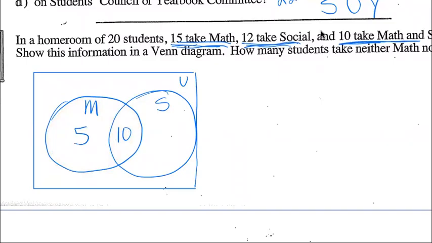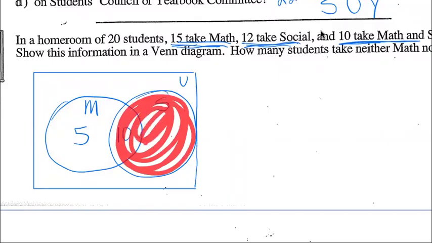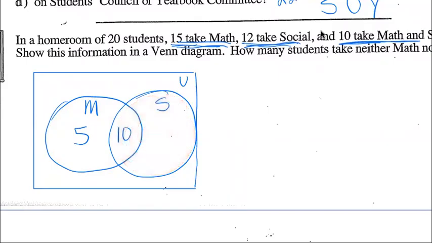And same with the social studies. 12 take social studies. This is social studies. There's already 10 in it. So that's going to be 2 take social studies. We have a total of 20 students, and we've accounted for 5 and 10 and 2, 17. So there are going to be 3 students that take neither, not nothing.